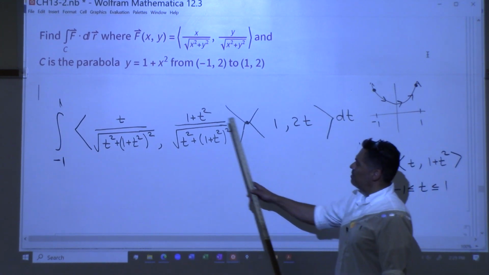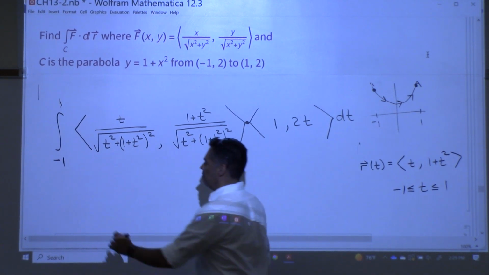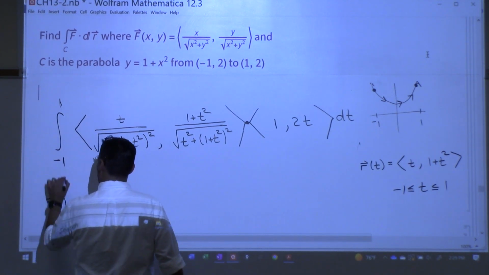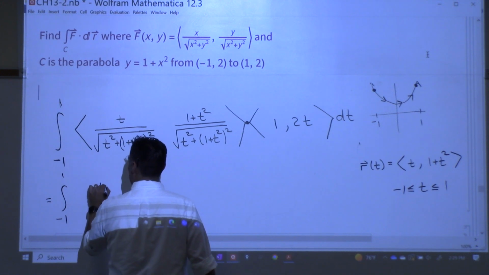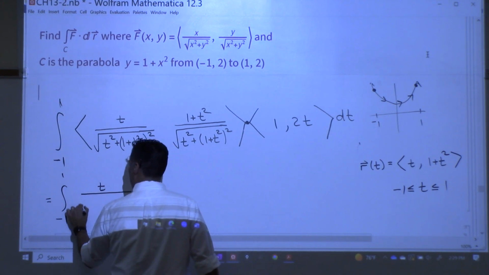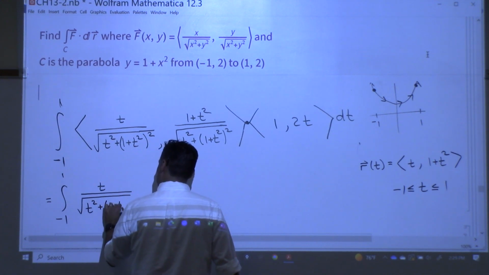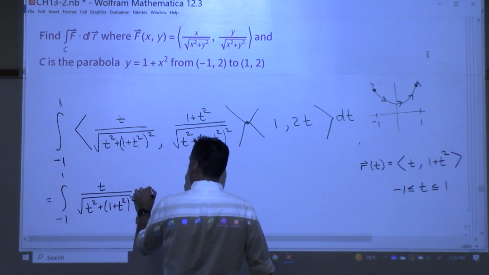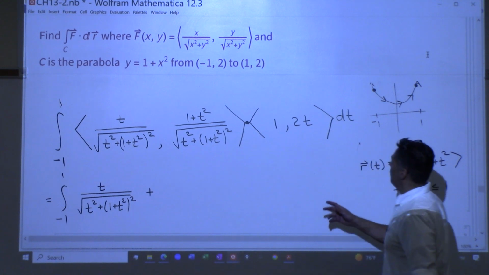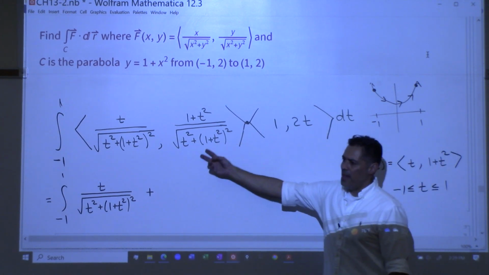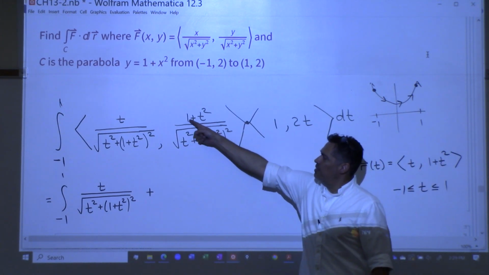When I do 1 times that, I just get t over the square root of t squared plus (1 plus t squared) squared, plus now when I do 2t times that, the 2t distributes through the top.